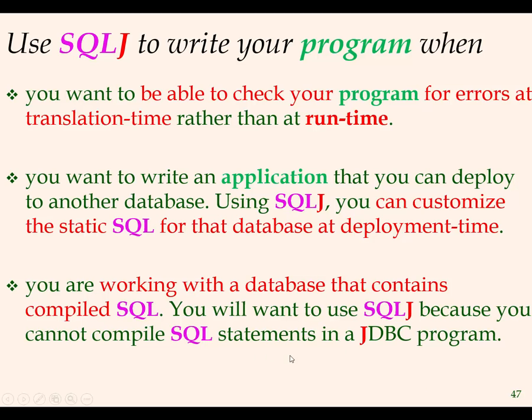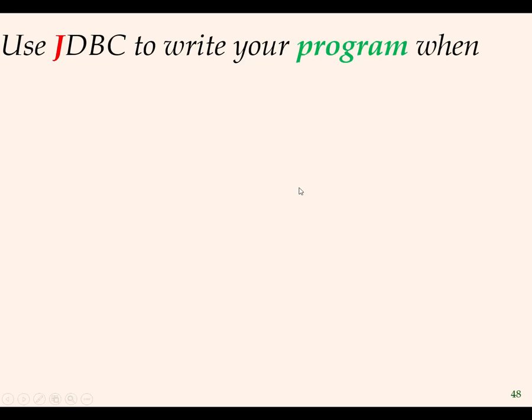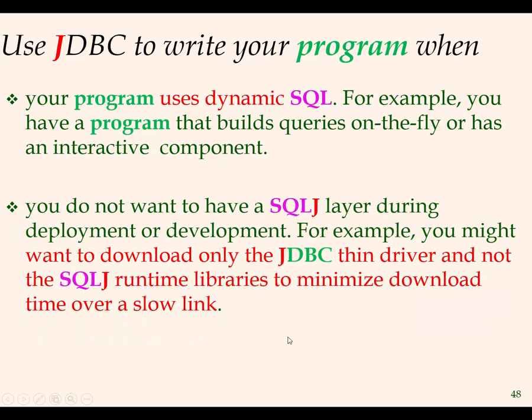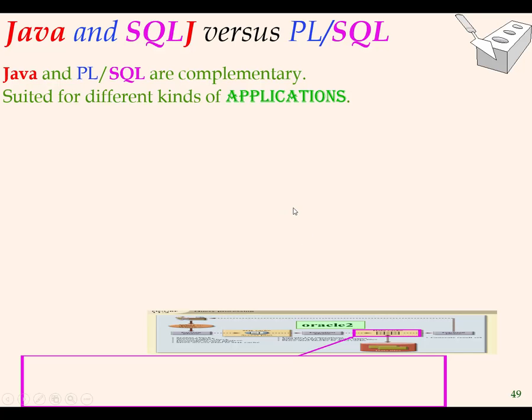So SQLJ is compiled. When we use JDBC, which is the API, when you use dynamic SQL, for example, the program builds queries on the fly, you do not want to have SQLJ at deployment. So these are some choices to use SQLJ or JDBC.